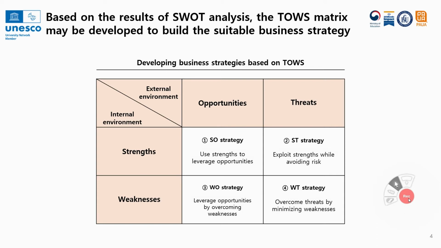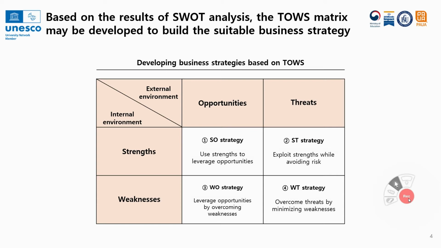And the final strategy in TOWS analysis is the WT strategy. We focus on our threats and our weaknesses in WT strategy. So we overcome the threats by minimizing the weaknesses.